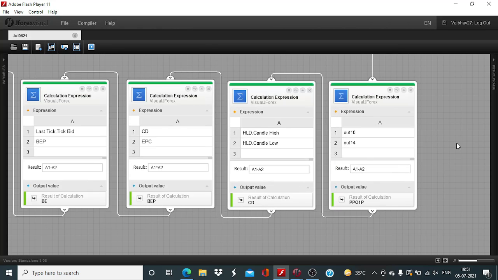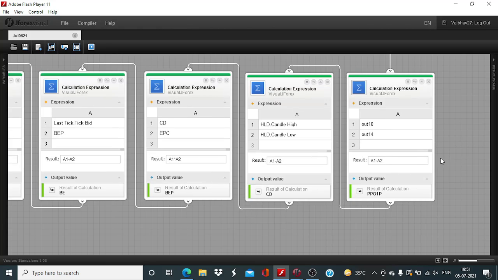On the lower side, we have carried out these calculations to look at the difference between the PPO output values for two different times. The interval between the two PPO is 2 hours.